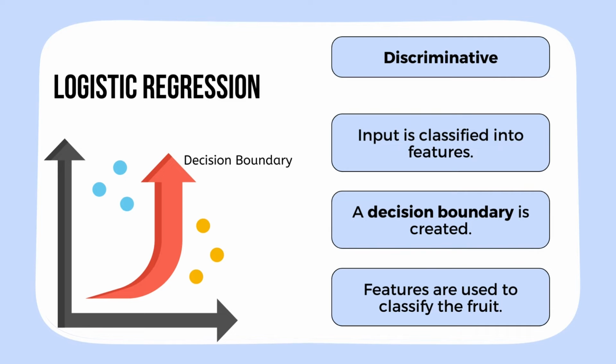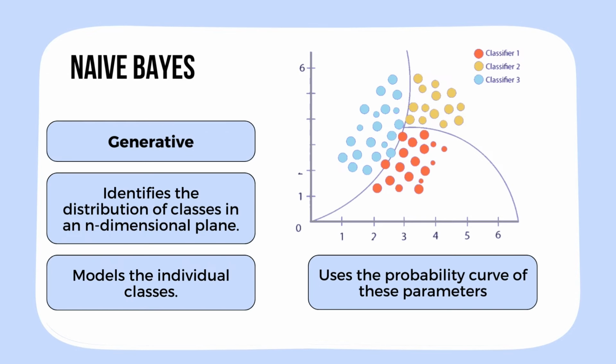For our fruit example, these features could be color, length, or weight. The algorithm learns patterns from these features and then uses them to classify new fruits. Conversely, the naive Bayes algorithm, which is a generative classification model, tries to understand the distribution of each class in the feature space. Rather than just identifying the differences between classes, it learns how each class is distributed in the data.